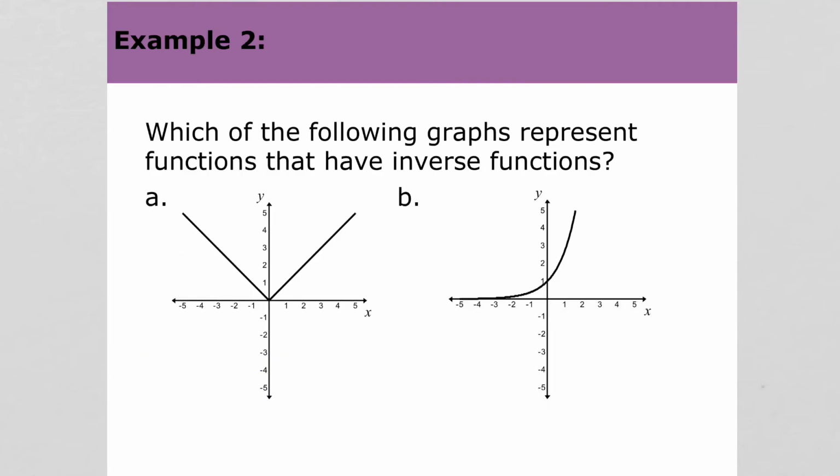Let's look at these. Will these have inverse functions? If we do a horizontal line here, no. Yes, this is a function, but it will not have an inverse that is a function. What about part B? If we draw horizontal lines on here, we're good. So yes, part B has an inverse. A does not.